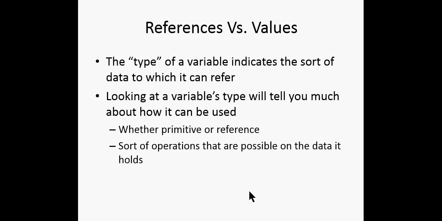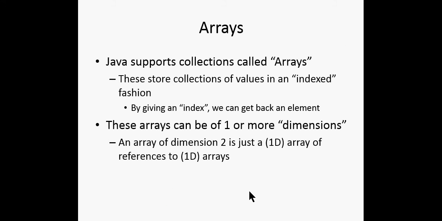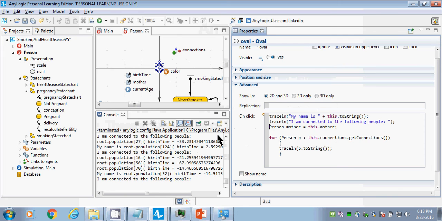That's what we're doing with this all the time. We're asking for things about me. Sometimes we do it with main. We ask main dot remove population, and we tell it who to remove from the population. So if we were to run this now, and we were to click on a person, it was reporting.